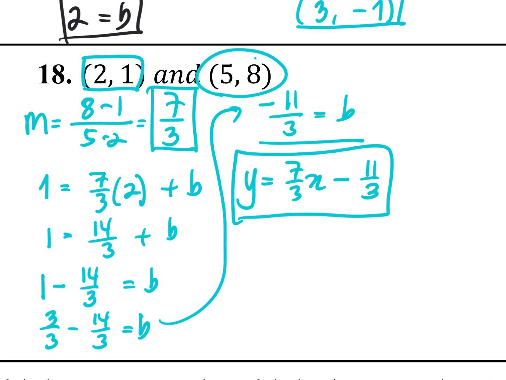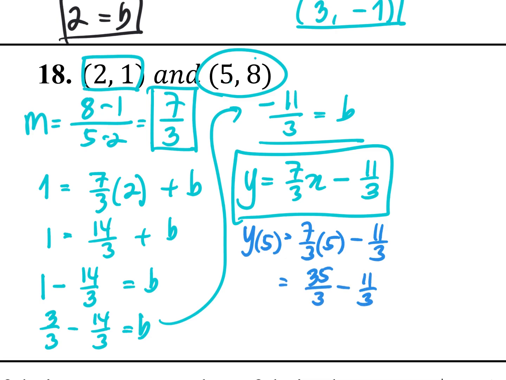Okay, so let's put in 5 as our input. So y of 5 is equal to 7 over 3 times 5 minus 11 over 3. This is going to give you 7 times 5 is 35 over 3 minus 11 over 3.